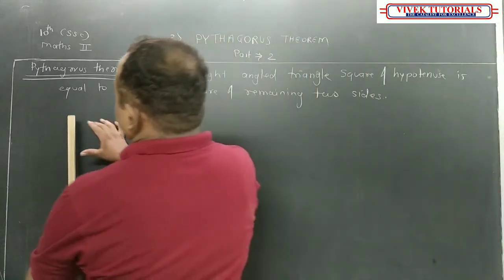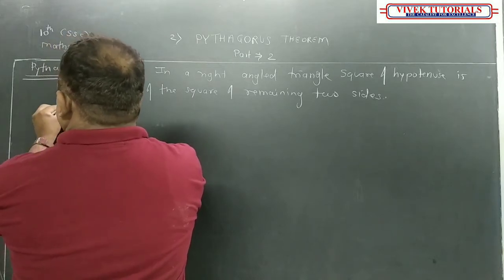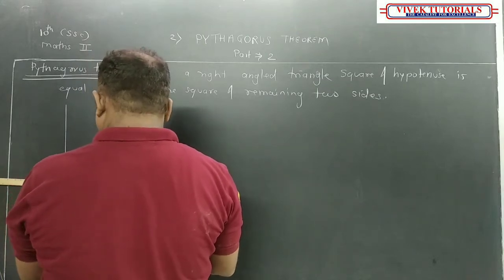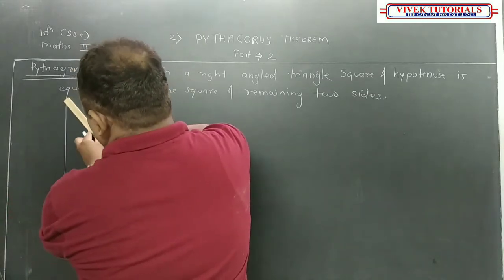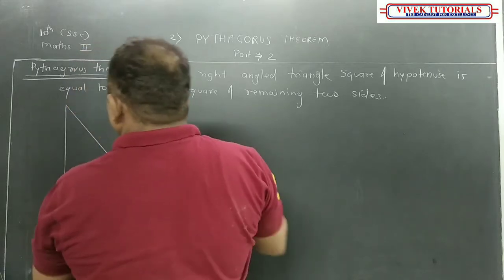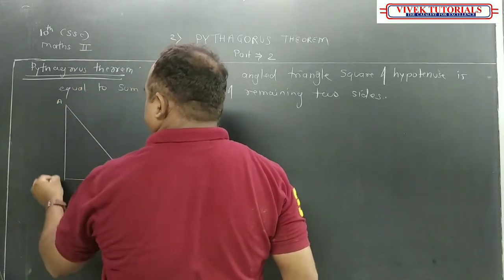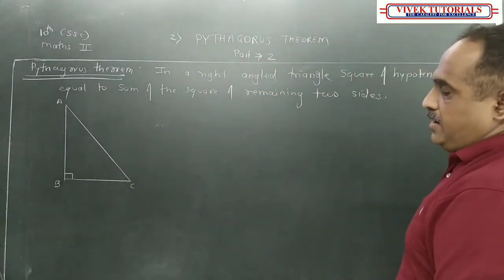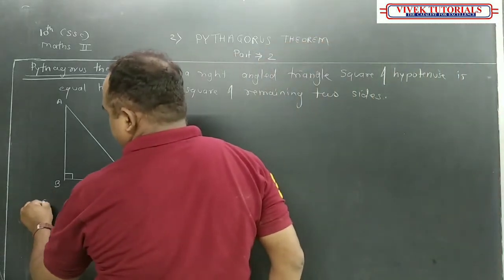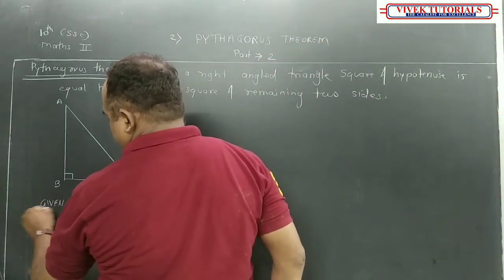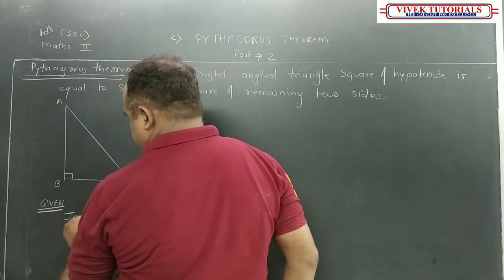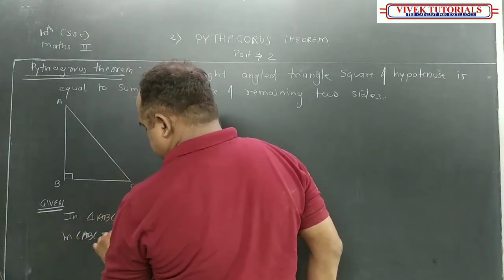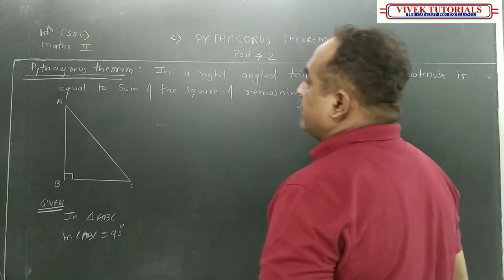Now, what we are going to do is, first of all, we draw a figure of right angle triangle. This is right angle triangle ABC, in which angle B is 90 degree. Okay, so given, in triangle ABC, measure of angle ABC is equal to 90 degree.